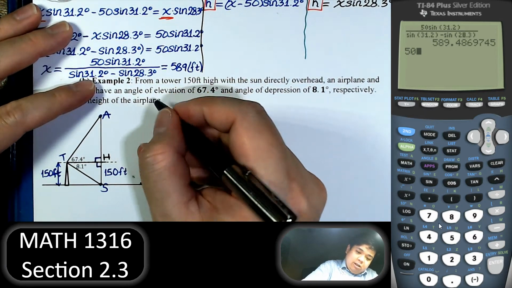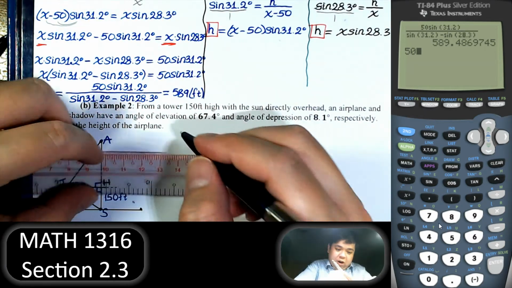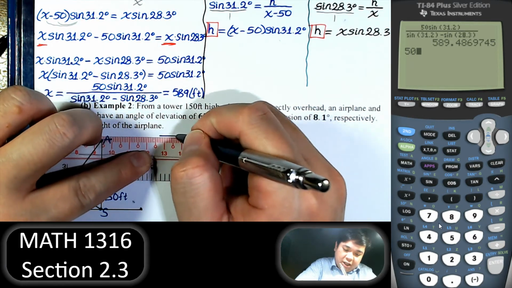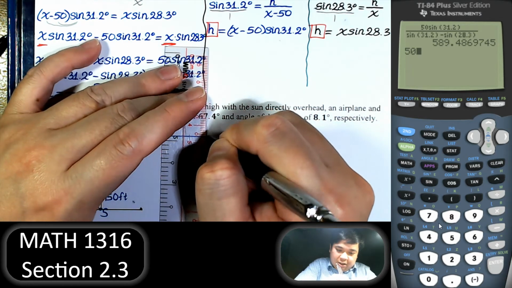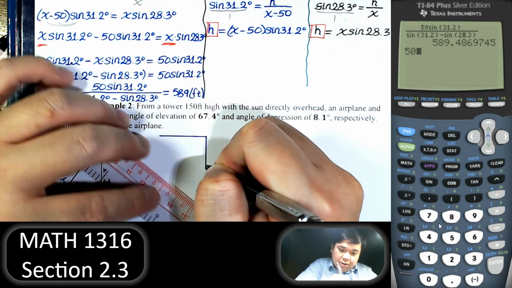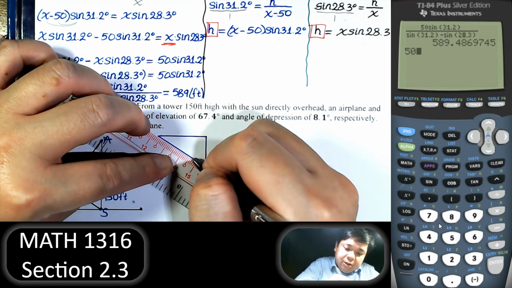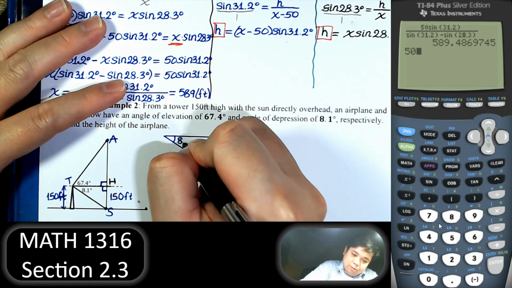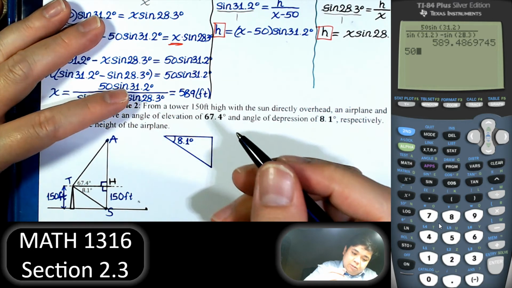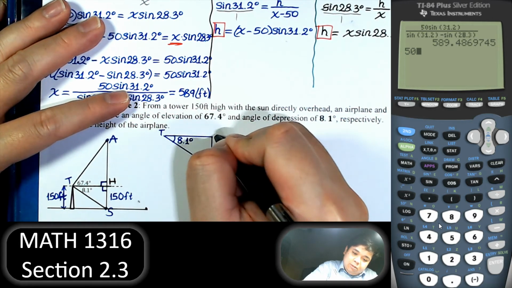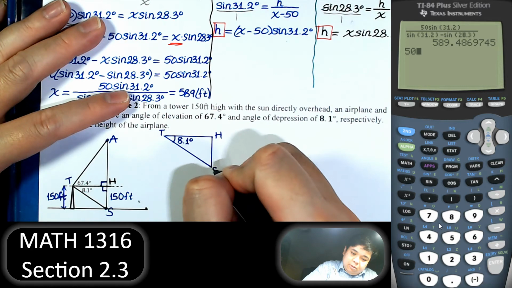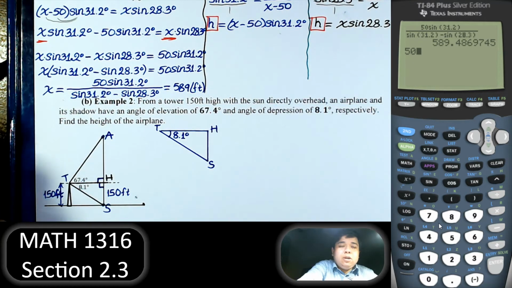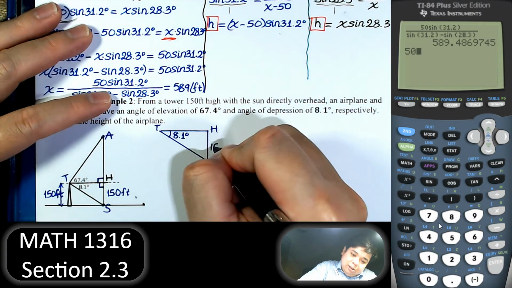So first, let's draw the triangle THS. 150 feet.